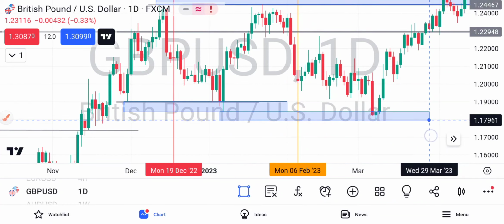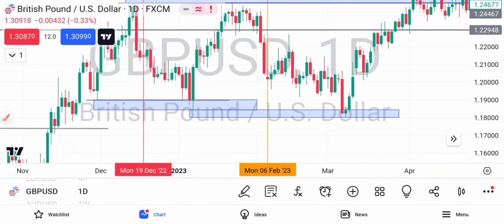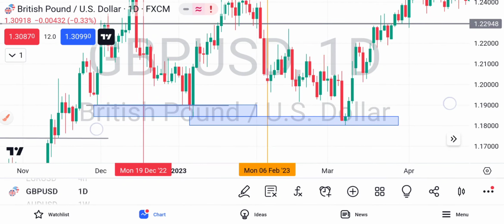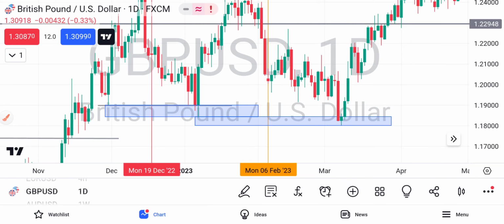And if you observe, it took it out again the second time. That is taking out the sell stops the second time.